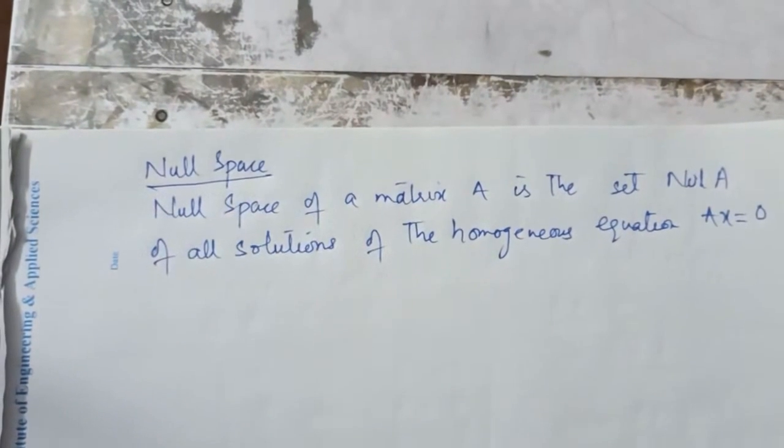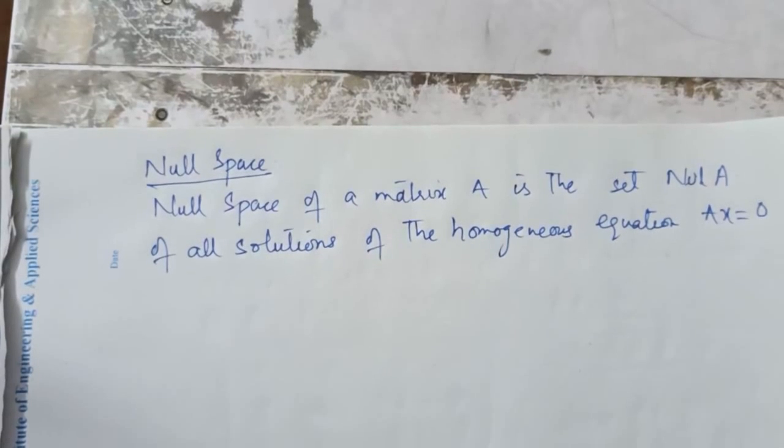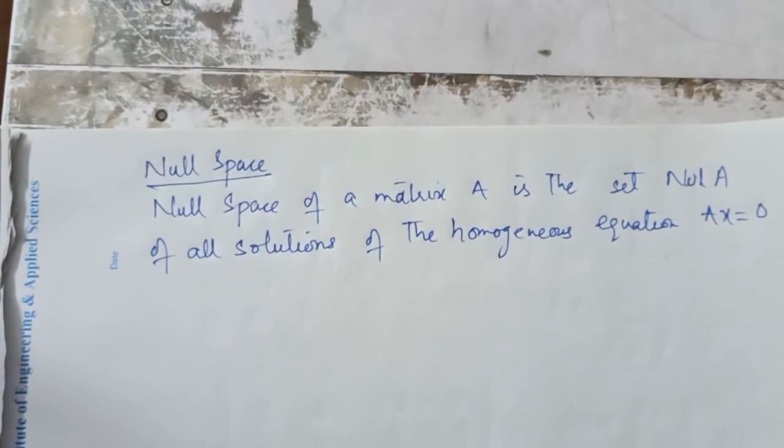All the possible solutions of the homogeneous equation for which AX equals 0 form the null space of this matrix A.